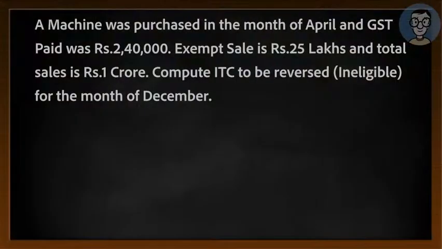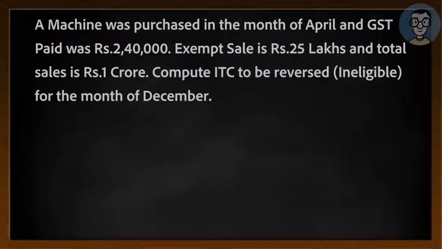These are the 3 steps you need to follow to compute eligible input tax credit in respect of capital goods which are used for both exempt supply as well as taxable supply. Let us have a look at one simple problem to understand how it actually works.